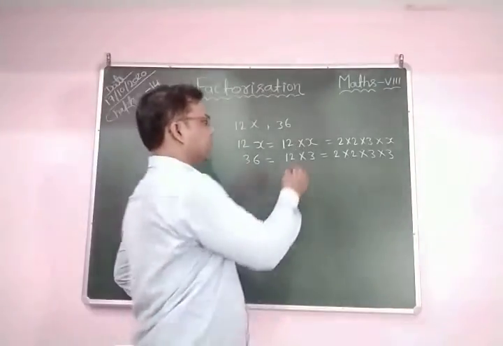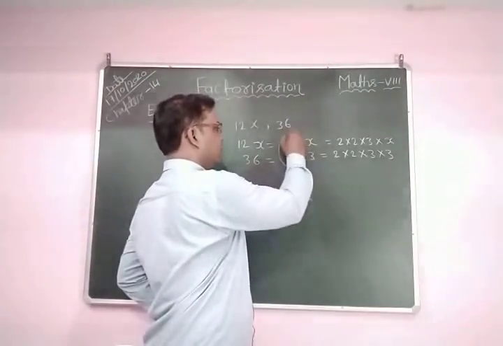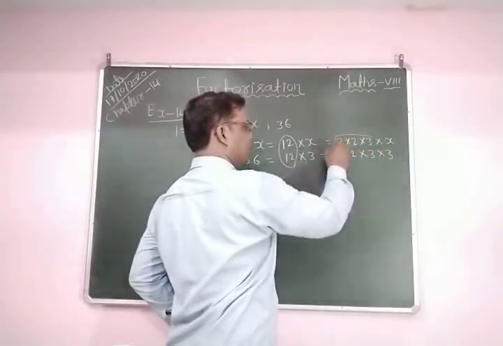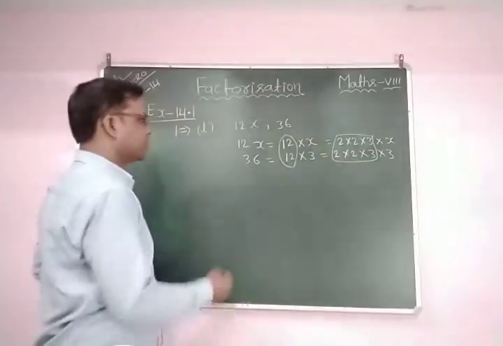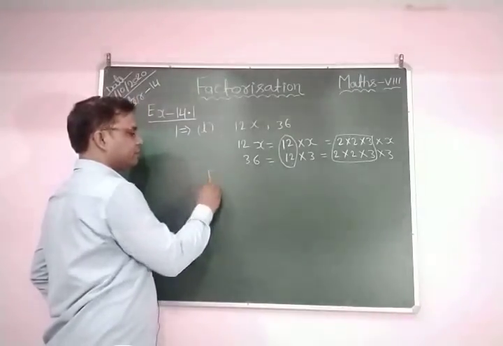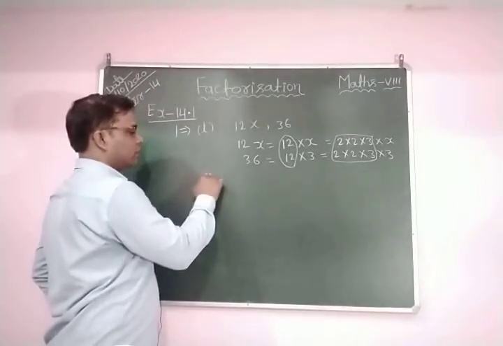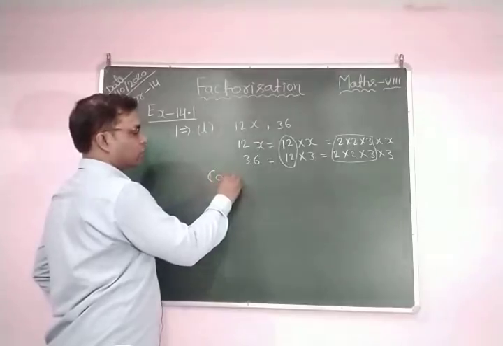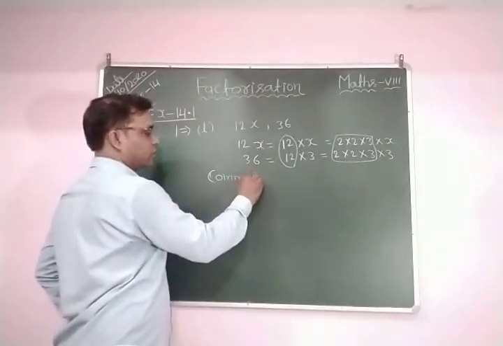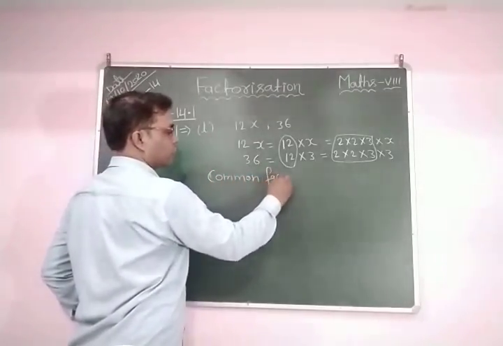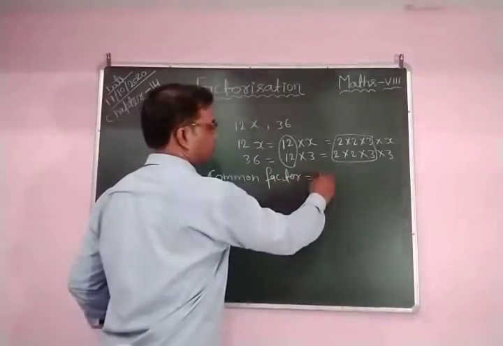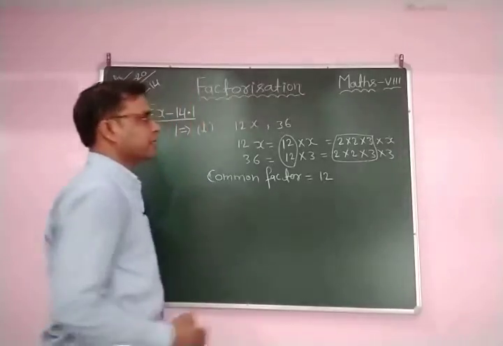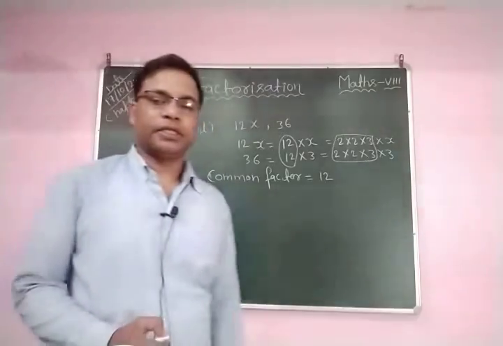You can see the common factor is 12, since this portion is common. So the common factor of 12x and 36 is 12.